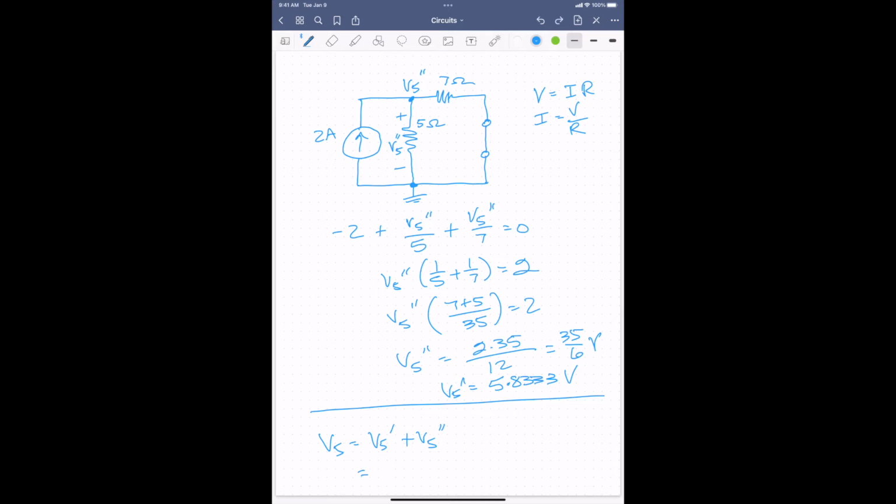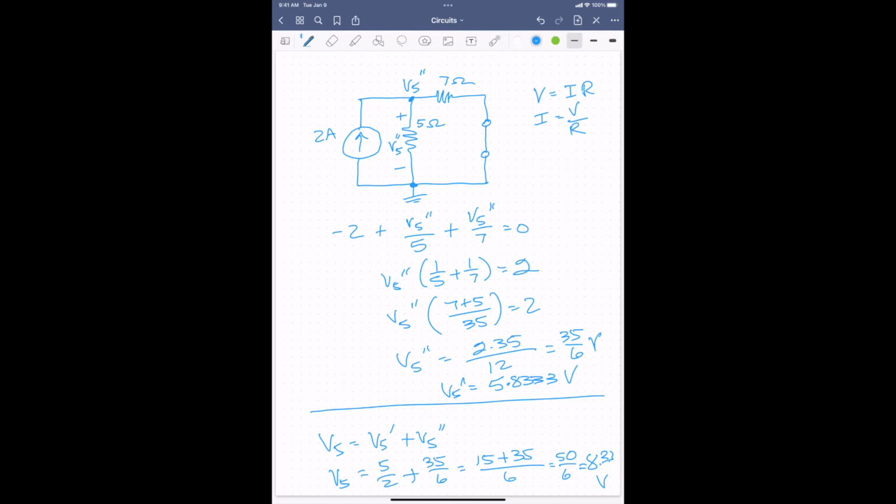Let's go ahead and keep it as a fraction, 5/2. V5 double prime was 35/6. So that means that's going to be equal to (15 + 35) over 6, which is 50/6, which is equal to 8.333 volts. Okay, and that's how we solve using superposition.